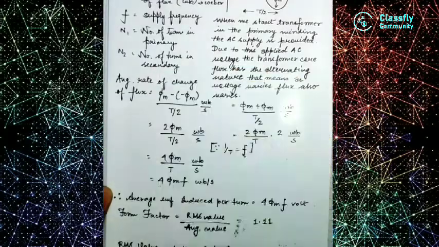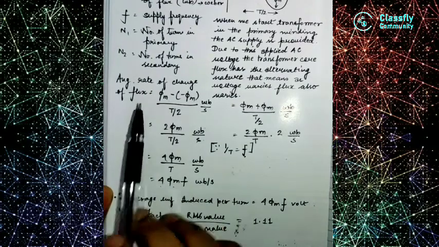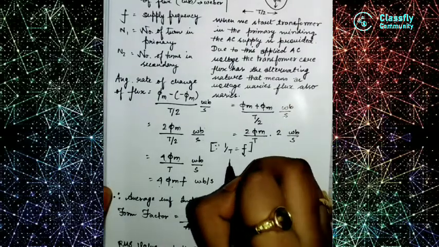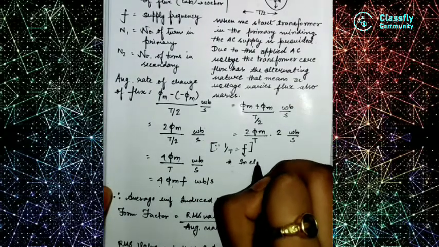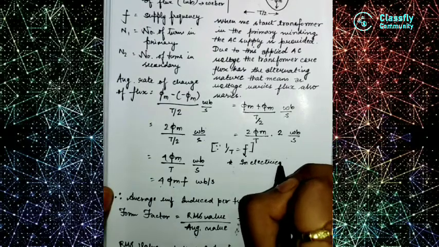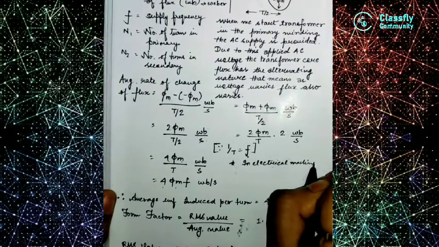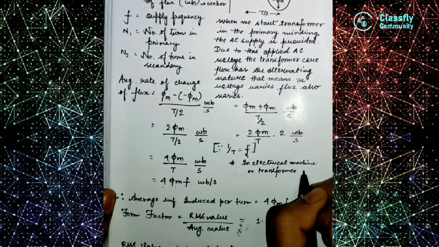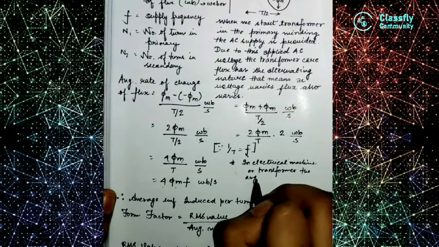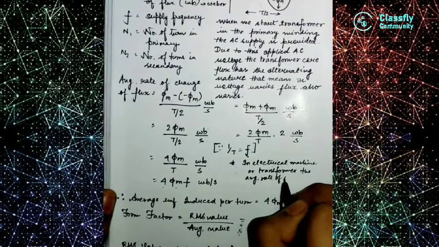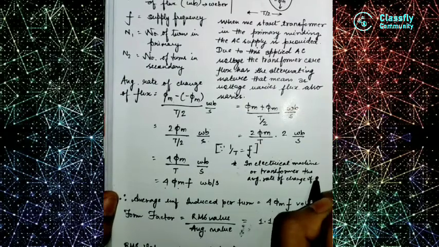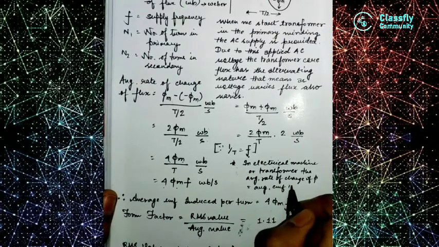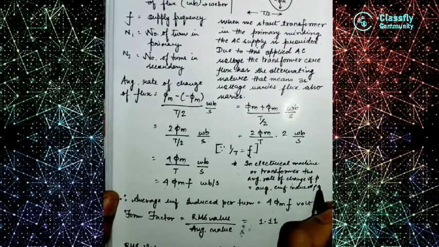This is your average rate of change of flux, and you should always remember, let's note it, that in an electrical machine or in a transformer, the average rate of change of flux is equal to the average induced EMF per turn.